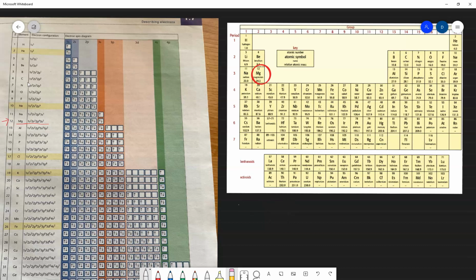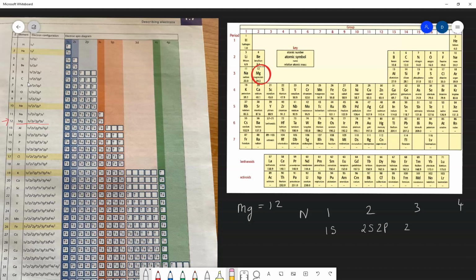First identify that magnesium has got 12 electrons. Now you have to distribute these 12 electrons. You know that you have the shells. This is the first shell, second shell, third shell and fourth shell. First shell has 1s, second shell has 2s and 2p.